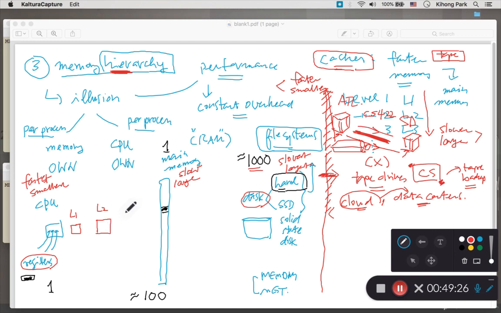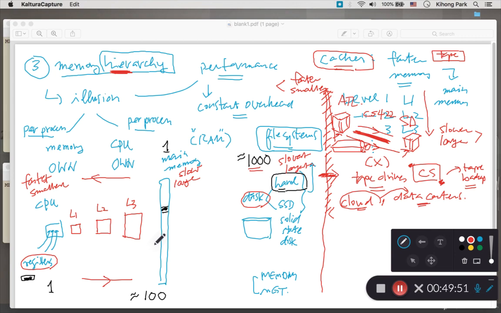And further removed and bigger is our L3 cache. And if we have this L4 cache, it would be even further. But there's this hierarchy of faster, smaller in this direction and slower but larger in this direction. That is this hierarchy that we're talking about.